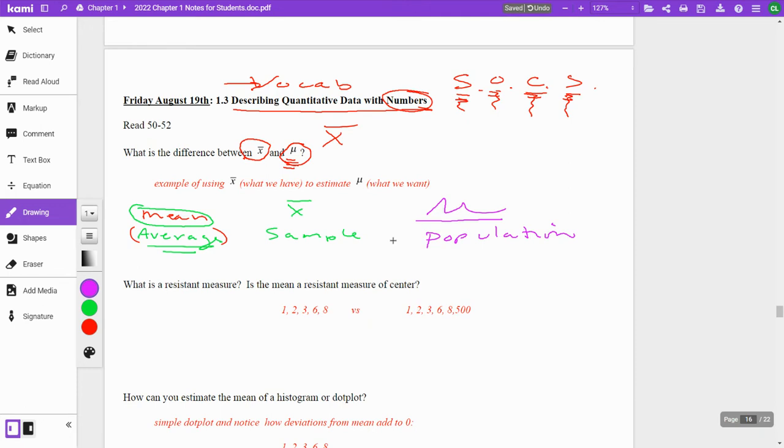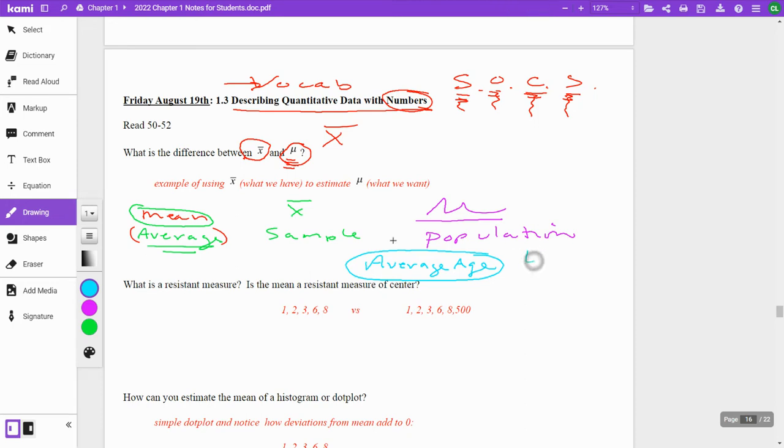Let's say we wanted to talk about average age. If I wanted to find the average age, I would have to find the mean age. So here's the difference.